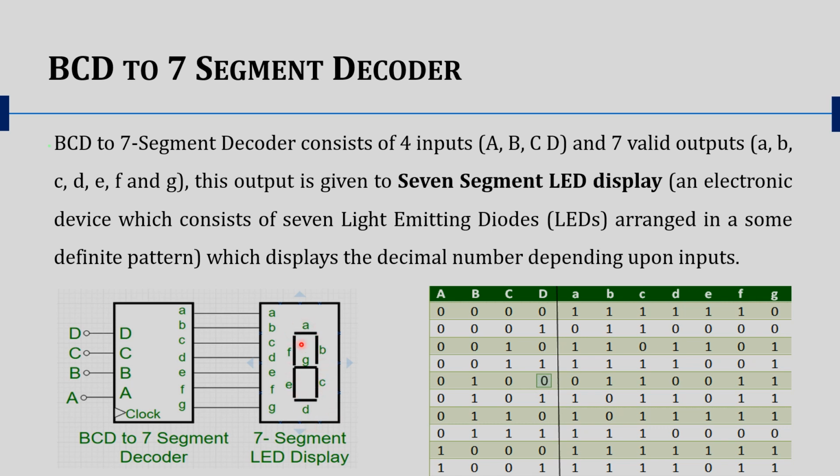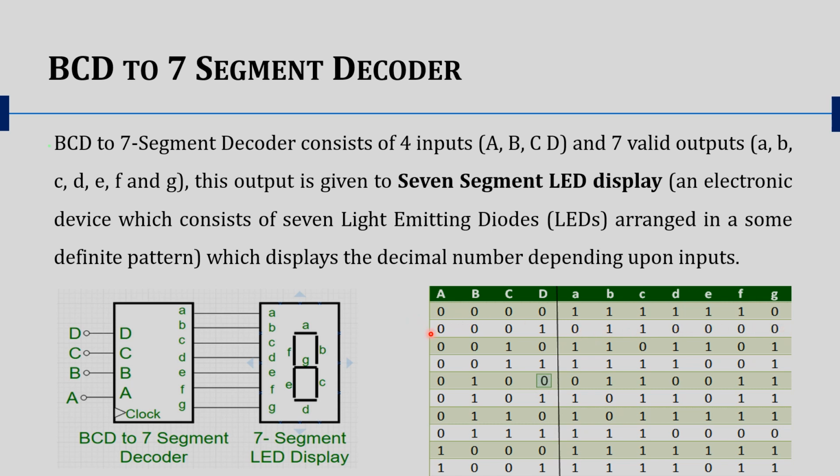So to display the decimal number 0, only the LED G needs to be inactive. All the other 6 LEDs should be active, right? Then for displaying the number 1, B and C will have the value 1. All the other LEDs will have the value 0.